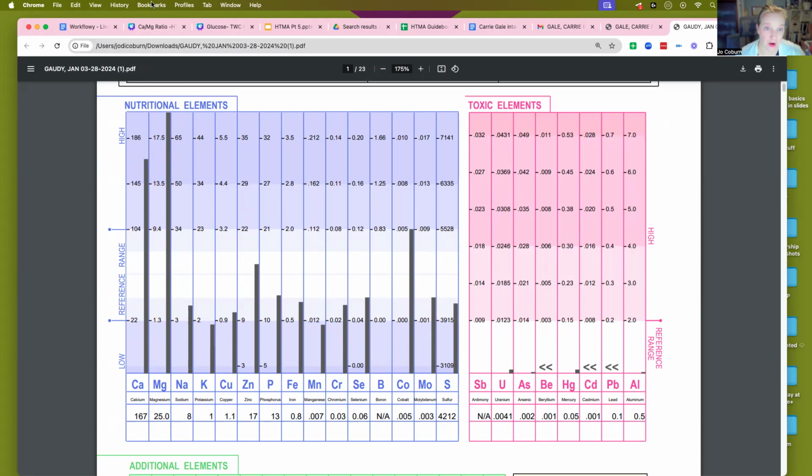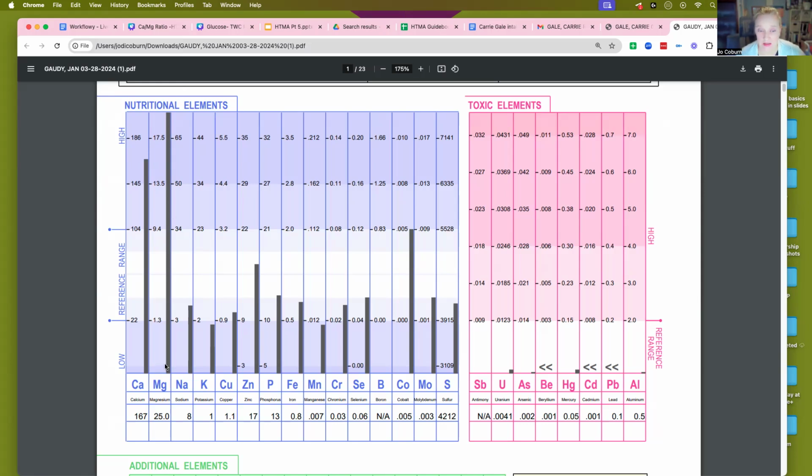So it is super high. It doesn't even fit on the chart. So she has such a huge calcium shell that she can't hold on to the magnesium. It's driving it super low in her body.